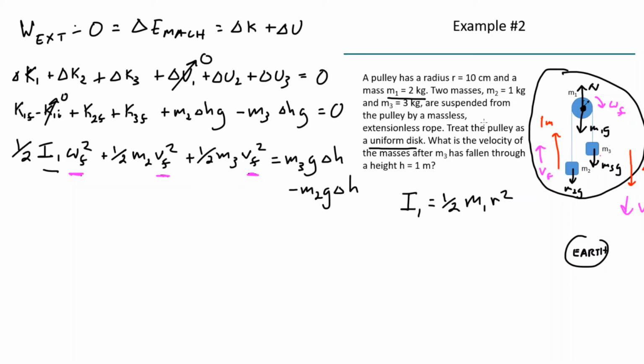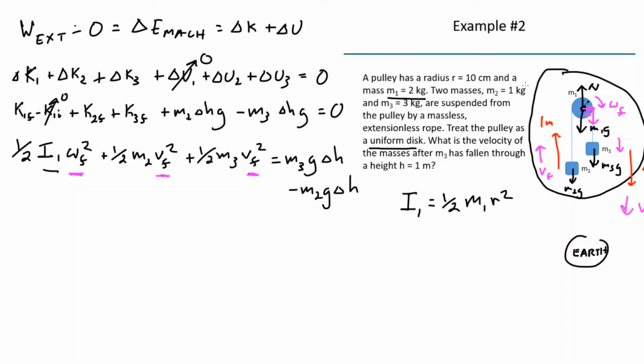So what I need to do is find some relationship between omega final and V final. Well, here's the thing. If this mass is moving down with a speed V final, then the string is moving down with the same speed, which means this point where the string attaches to the pulley is moving down with the speed V final. This point here is just a radius r from the center of rotation of the pulley.